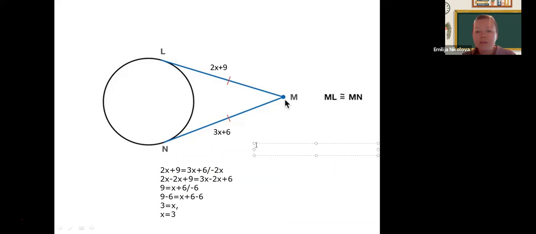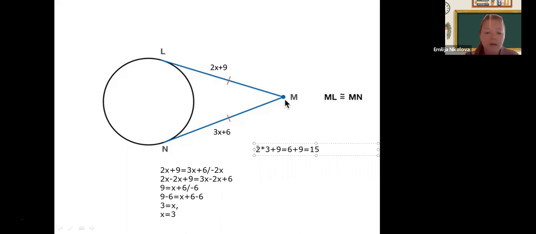Okay, so now because it's the same, we can just enter x in the first one or the second one. If I put it in the first one, instead of x I put 3. We have 2 times 3 plus 9, and that will be 6 plus 9, which equals 15.